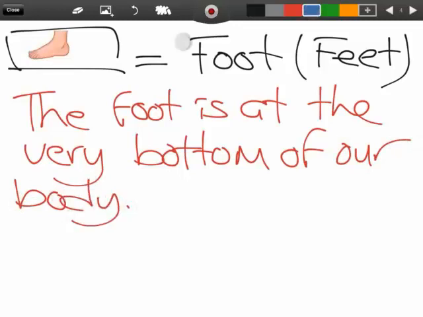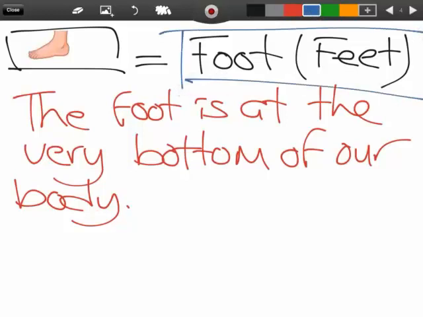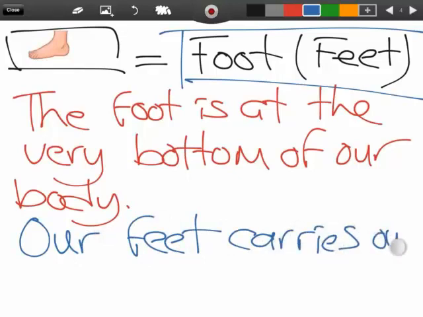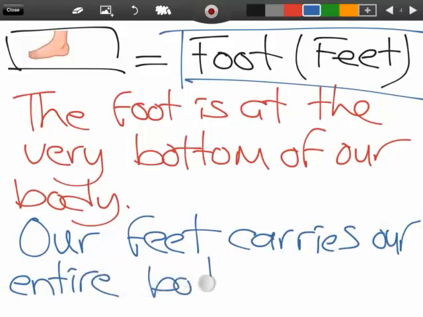And I'm going to go ahead and use this in a sentence. I'm going to go ahead and read that for you. Our feet carry our entire body, and the foot is at the very bottom of our body. As you can see in the picture, this is a foot or feet.